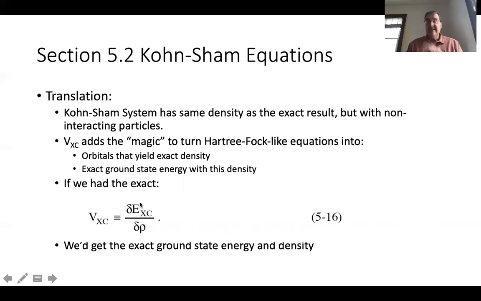And what that means is the variational principle is actually no longer valid. We could get two energies here from different functionals, and we would not know which one is better than the other because of the variational principle, because in effect, by not knowing the exact EXC, you're not using the exact Hamiltonian.